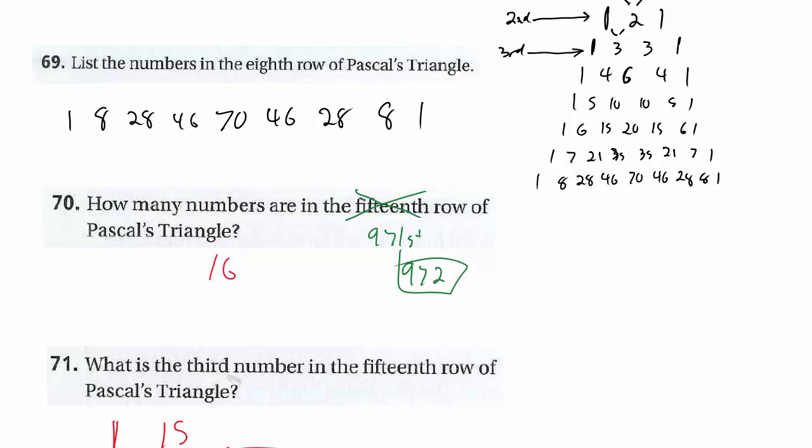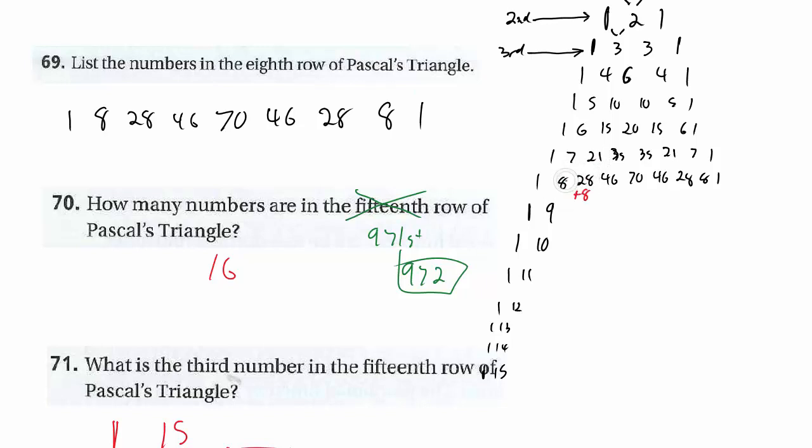So here's the thing. I don't want to know all the numbers of the 15th row. I just want to know the third number. So I know there's going to be a 1, and then 10, 1, 11, 1, 12, 1, 13, 1, 14, and then 1 and 15. And I'm just going to generate the next number. So 21 plus 7 is 28.